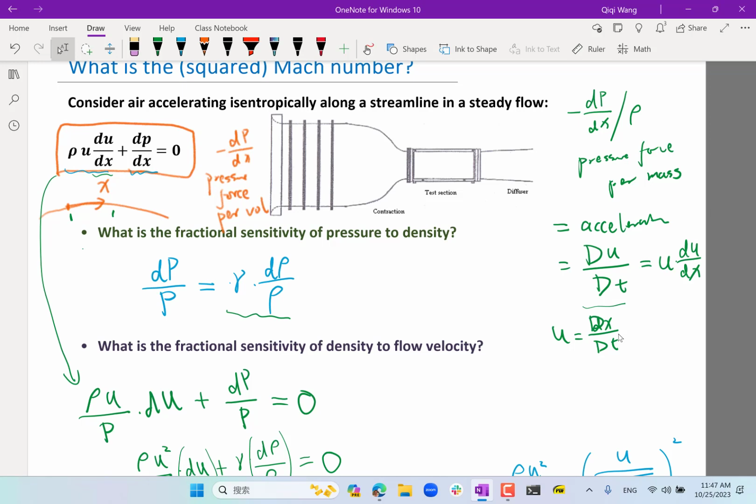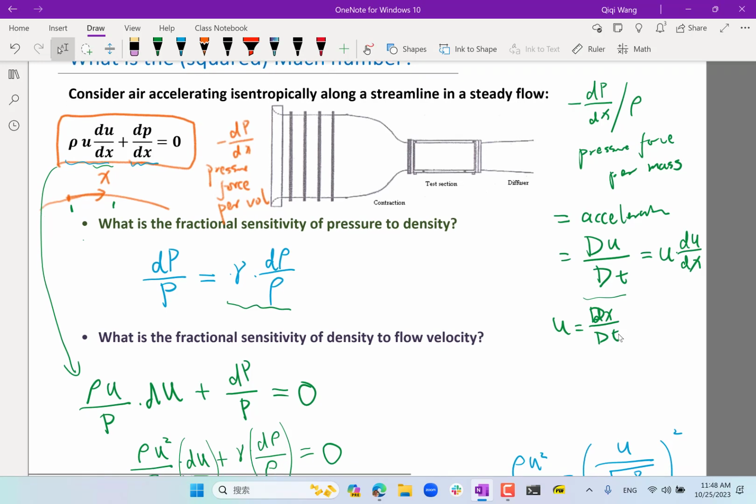So if the area decreases by a factor of 8, the velocity would increase exactly by a factor of 8. But that's only for incompressible flow. For compressible flow, the velocity would increase by more than a factor of 8 because the density would drop, right? But at that time, we had no instrument for answering how much the density drops, and therefore how much the velocity increases beyond a factor of 8.